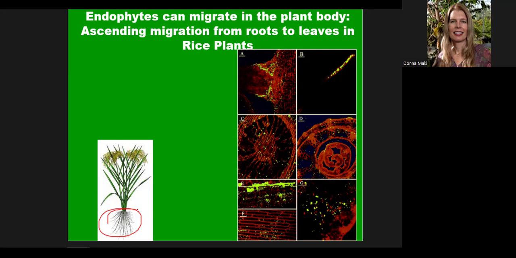And so here you're seeing some images that they did where they're showing how the endophyte got into the roots and then started migrating to different parts of the plant. Once it gets into the root, that's not necessarily its final destination.